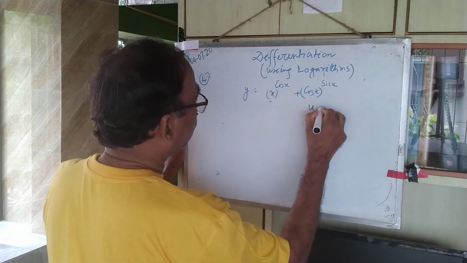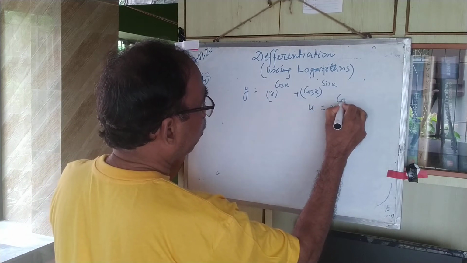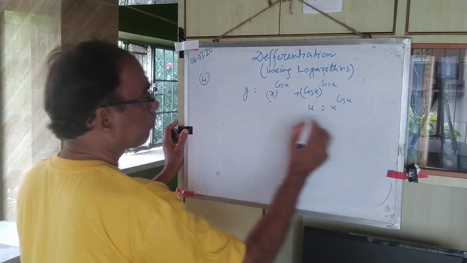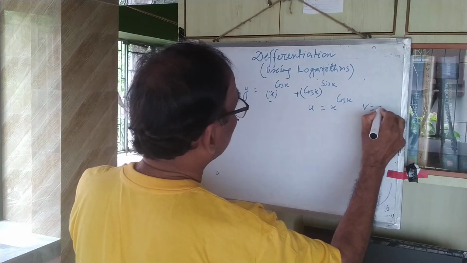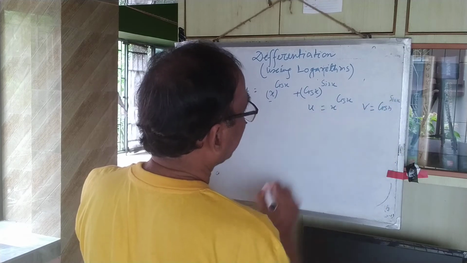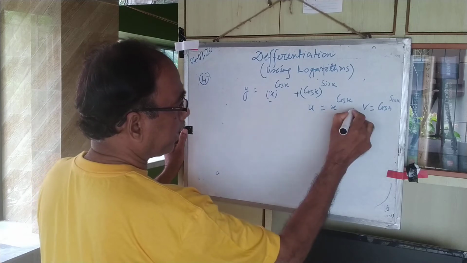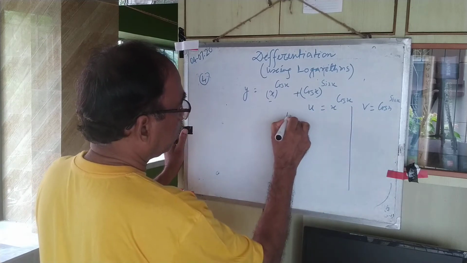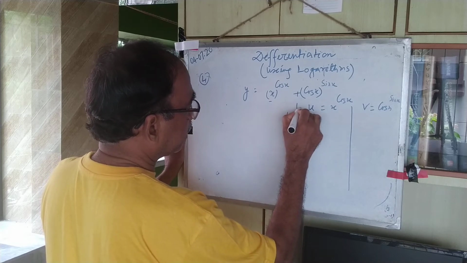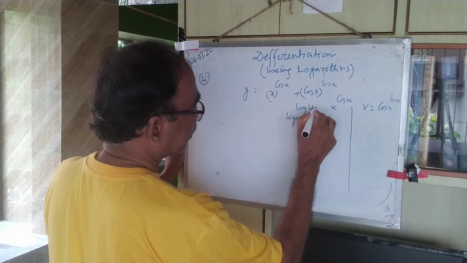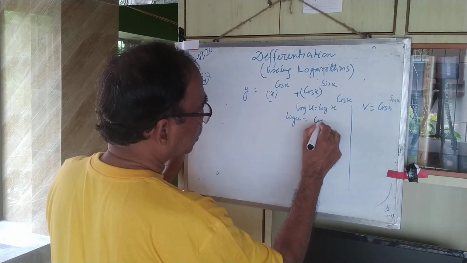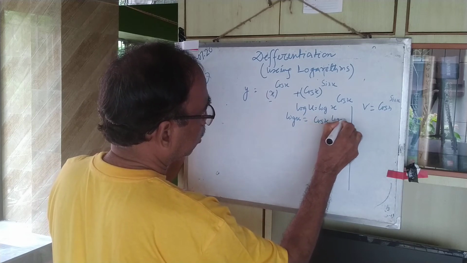Let u equals x to the power cos x and v equals cos x to the power sin x. Taking log both sides, log u equals log of this, log u equals cos x log x.